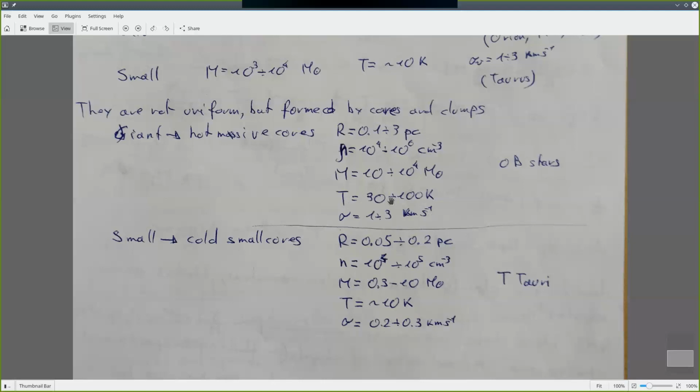The giant ones usually produce OB stars, the more massive, and the small ones always the T Tauri. They are a type of pre-main sequence stars, of intermediate to small mass. Also the Sun passes through this phase. T Tauri stars are pre-main sequence stars that are in this situation.